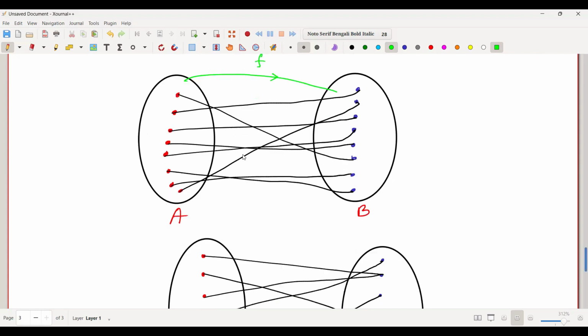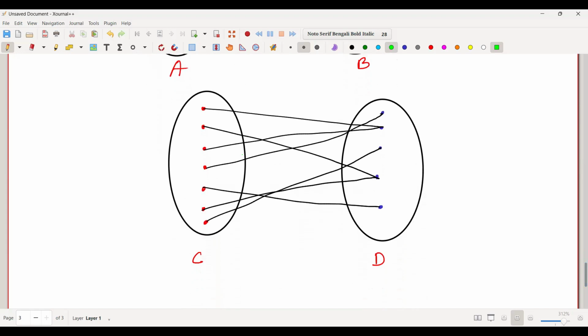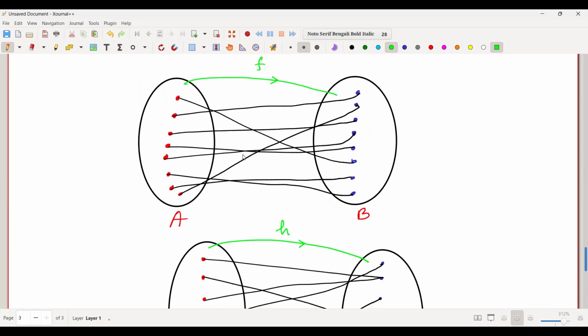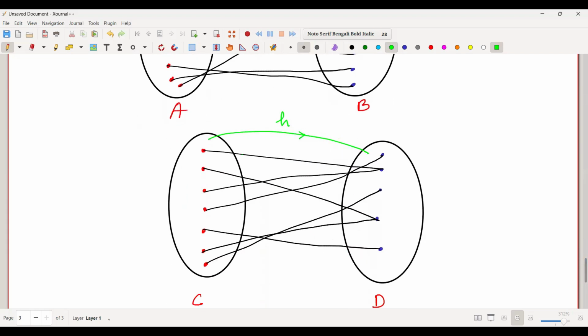But for this case, suppose this is function h, it is also an onto function because no element of B is free. Here also no element of B is free.